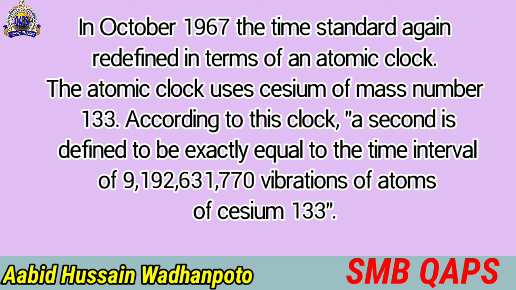The atomic clock uses cesium of mass number, meaning cesium has the mass number of 133. According to this clock, a second is defined as exactly equal to the time interval of 9192631770 vibrations of the cesium atom. And the cesium atom, keep in mind, has the mass number of 133.